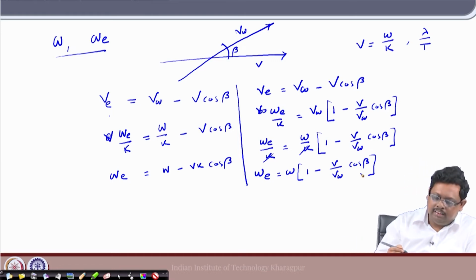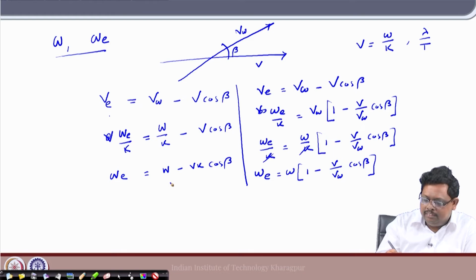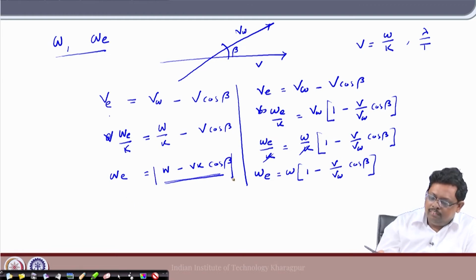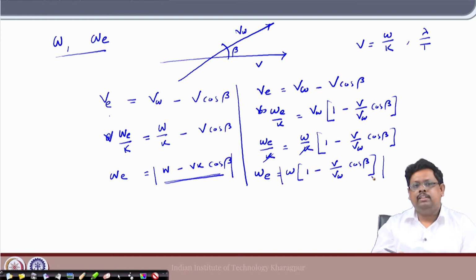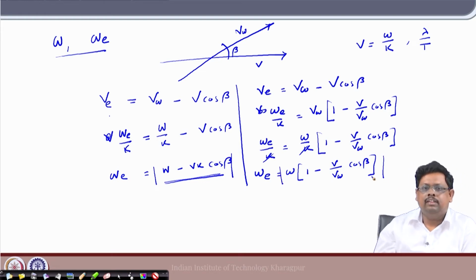At the end everything should be the same. Now, this omega e cannot be negative, but you can see from here that in some situations omega e can be negative, right. So, normally when you solve it, we take the modulus of it, to make sure that the encounter frequency always becomes positive.